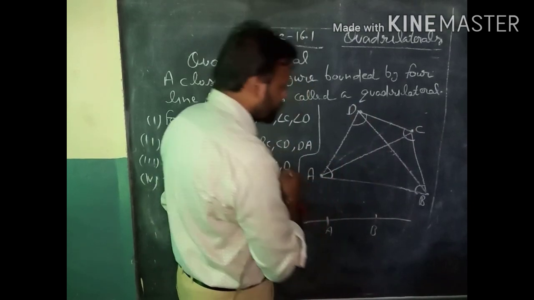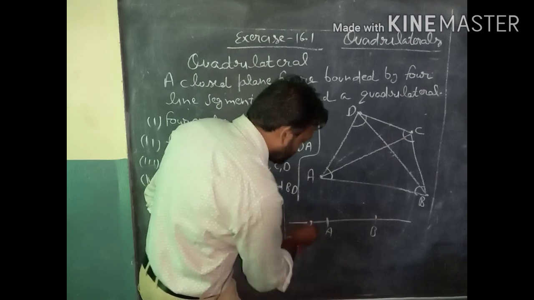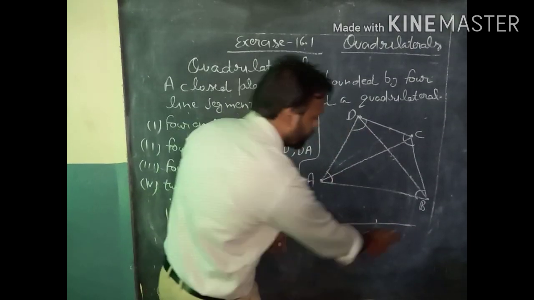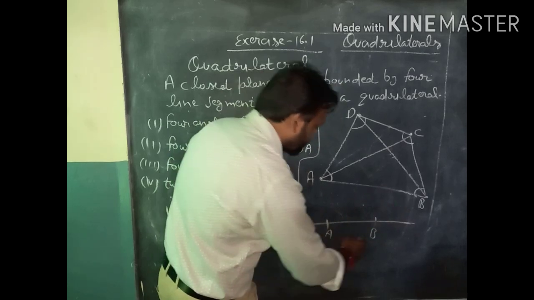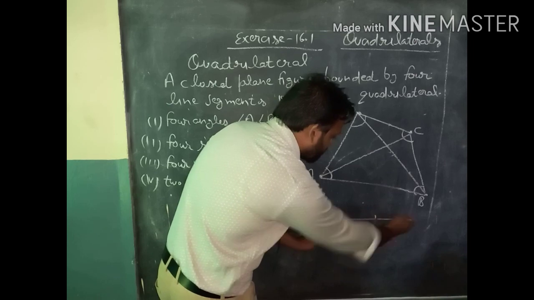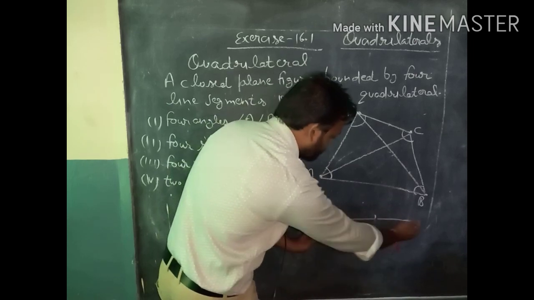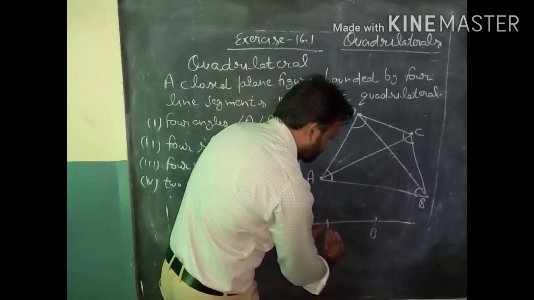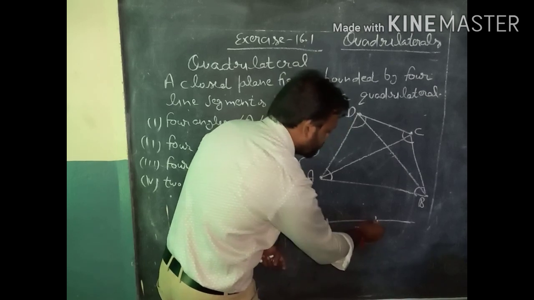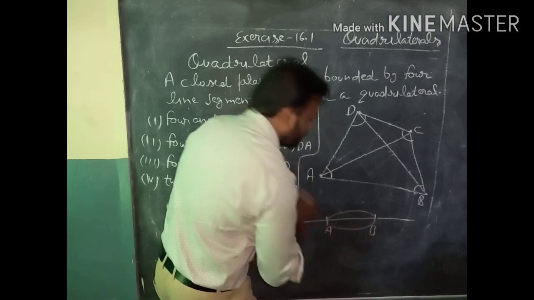What is a line segment? If I draw this line, it has no starting point and end point. If I take only a part of this whole line, this AB, then from A to B it has a starting point A and an end point B. Only this much part of the line is called a line segment.